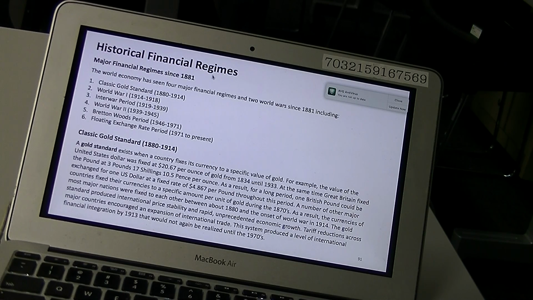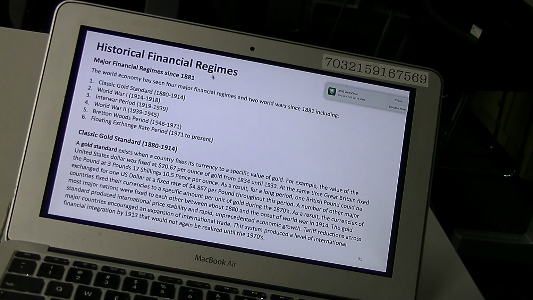That means if you had $20.67, you could take that and buy gold from the U.S. government. You could freely exchange gold and U.S. dollars. So the U.S. dollar was on a gold standard over that time.